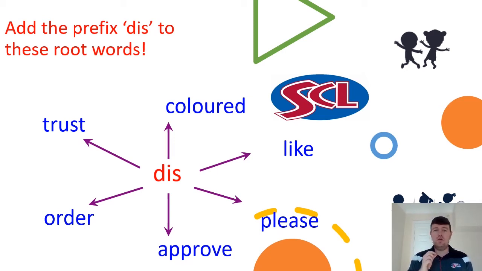So take whatever you're writing with again, write out each word: coloured, like, please, approve, order, trust. Write those words out and put the prefix dis at the front of those words. So pause the video now, put in your words, put in your prefix, and we'll pick it up again.